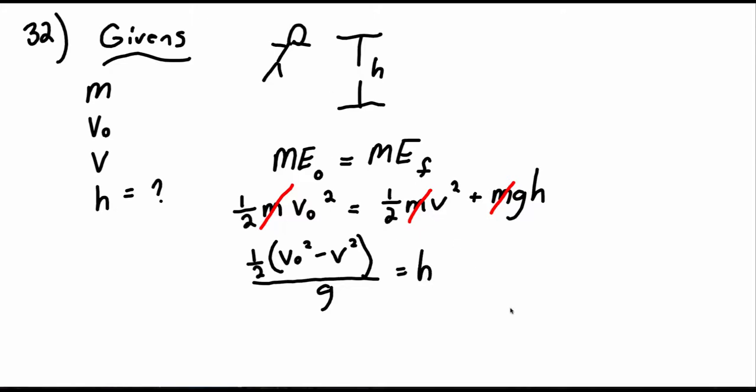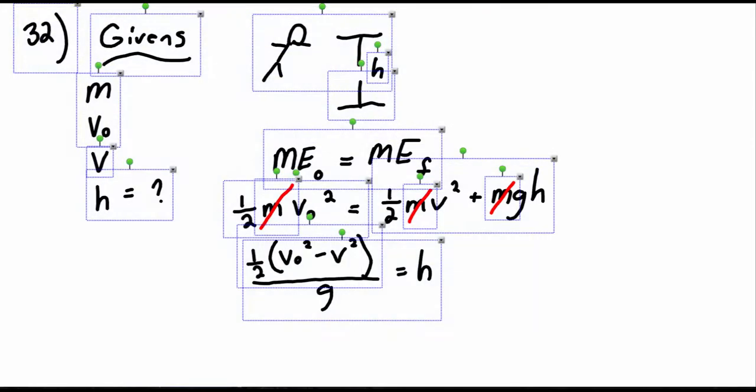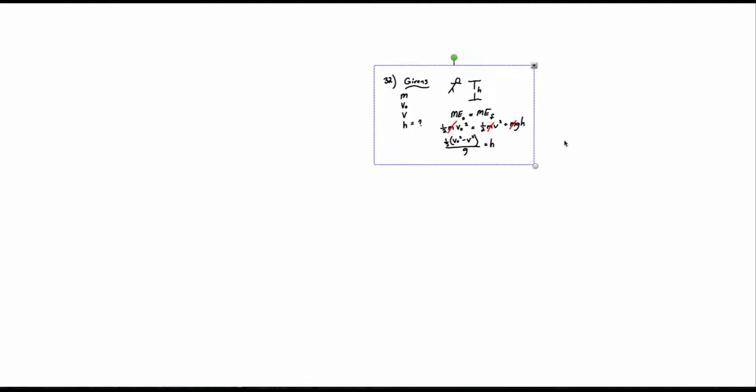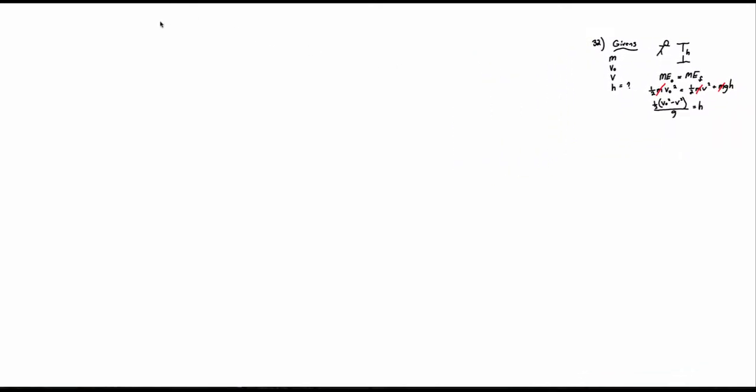Okay, so let's look at the next problem. The next problem is really similar to this. This problem is number 33. In this case, we have a child in a sled with a combined mass of 50 kilograms sliding down a slope. If the sled starts from rest and has a speed of 3 meters a second at the bottom, what is the height of the hill?